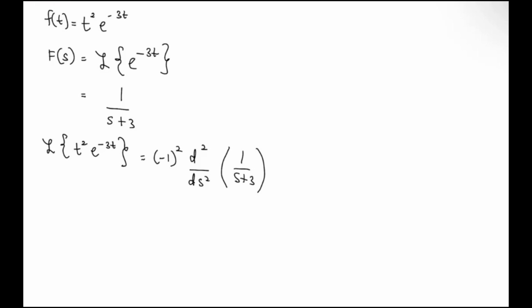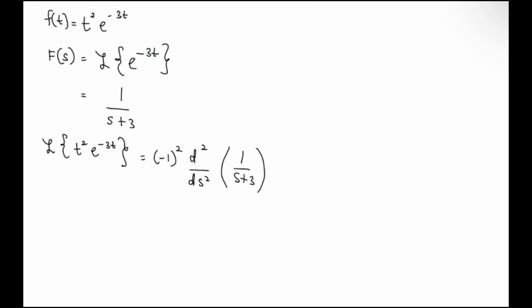So now you see that for n equal to 2, you need to differentiate 2 times to get d squared over ds squared. So first, you differentiate this one. After you get the function, you differentiate a second time. So you need to differentiate 2 times.